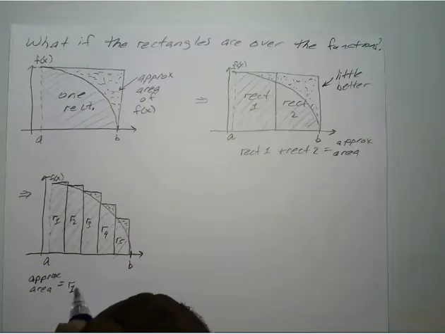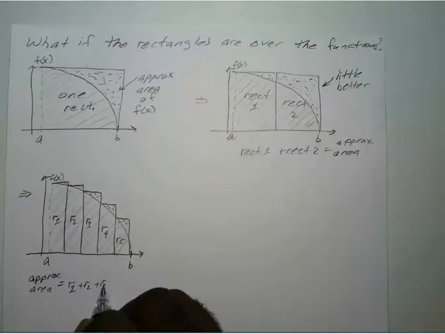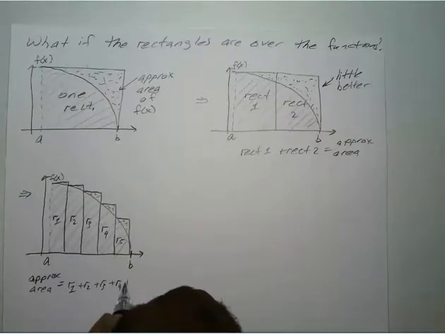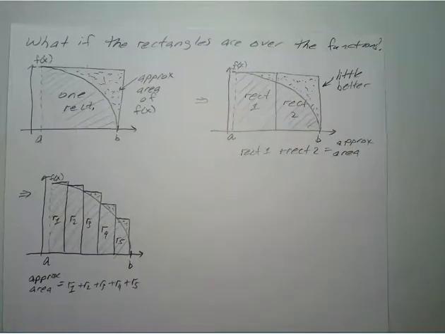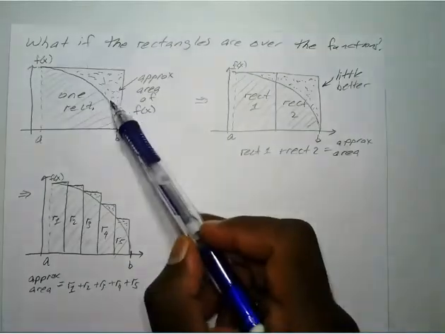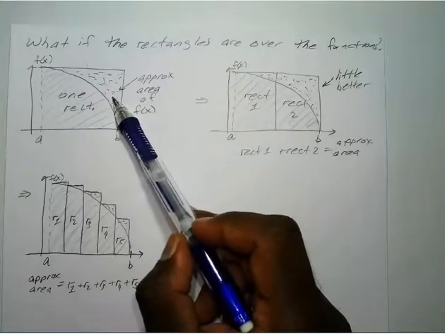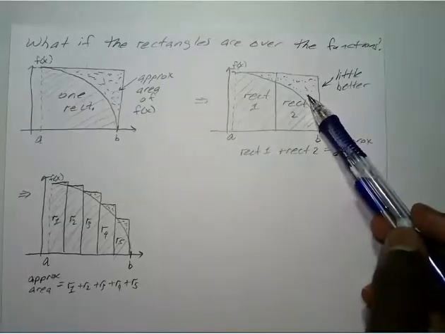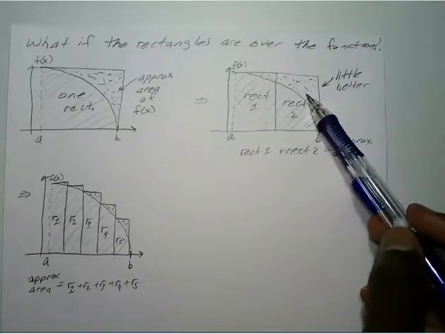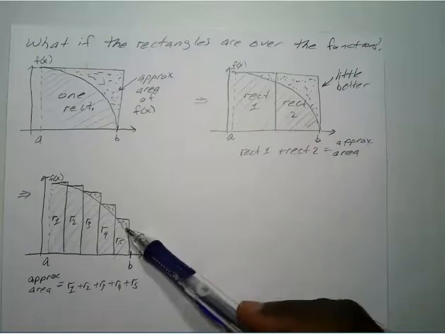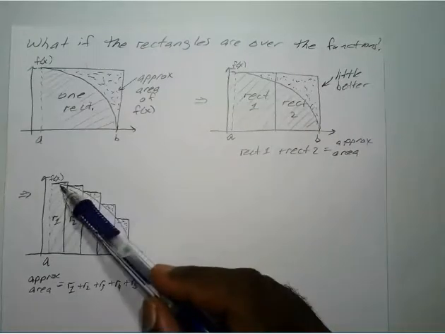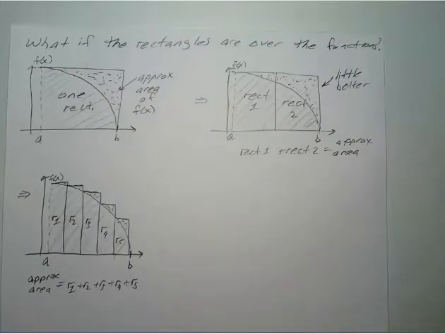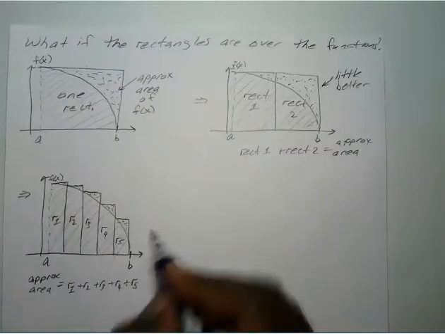So your R1, R2, R3, R4, and rectangle number 5. As you can see here, even though we estimated a little too much, when we went to 2 rectangles, it got a little bit better. Then when we went to 5 rectangles, the amount that we estimated too much for was just a little bit better. Still too much, but just a little better.